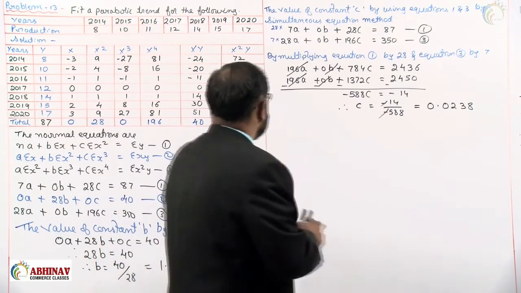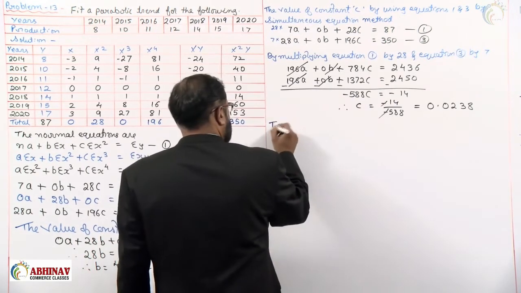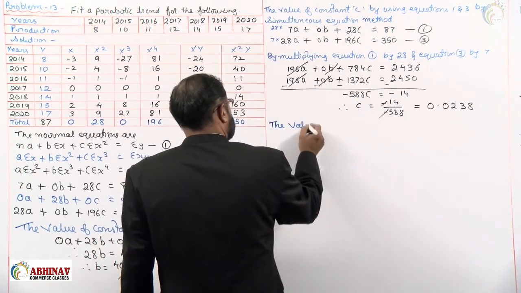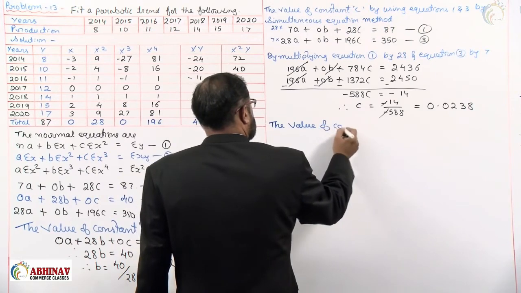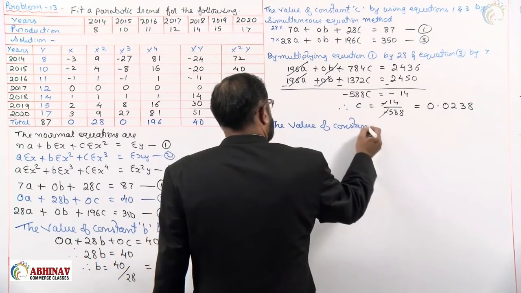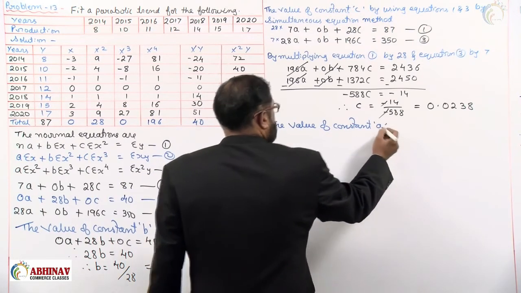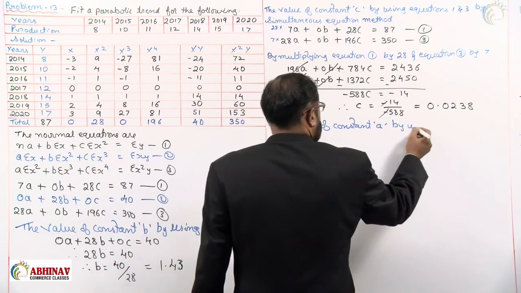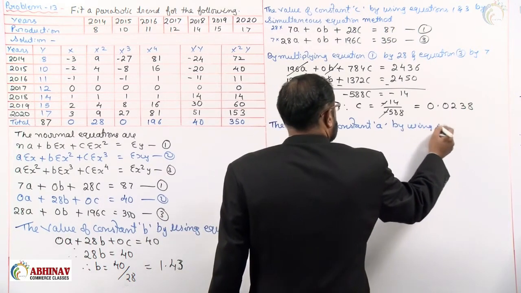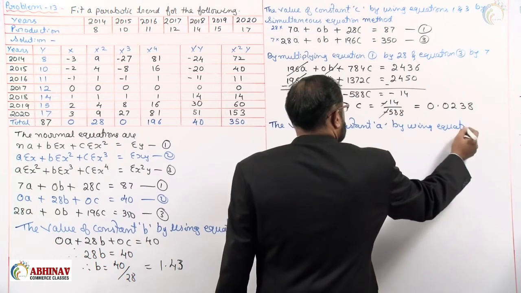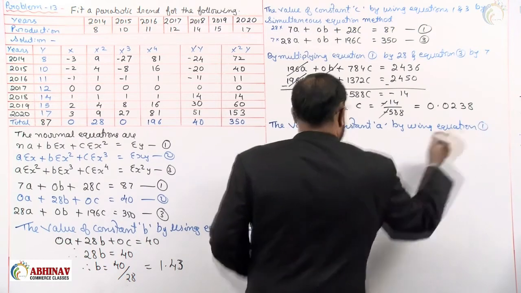Let's see. After leaving a line, the value of constant A by using equation 1.